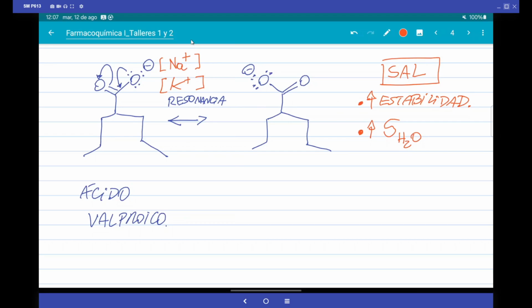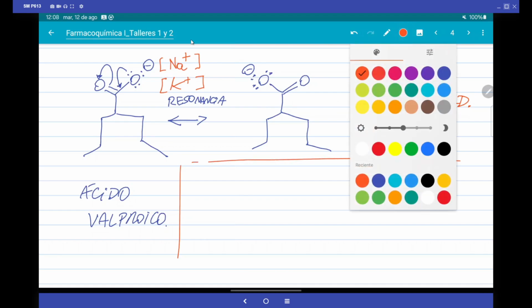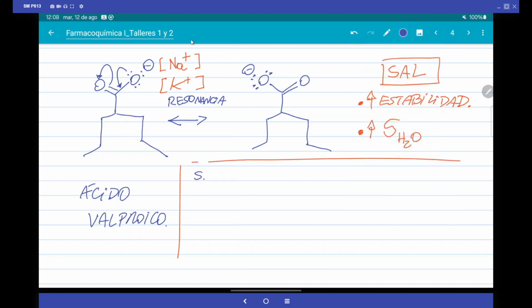And third, in some cases the use of organic salts is also preferred. Organic salts. It is often preferred the use of organic salts.